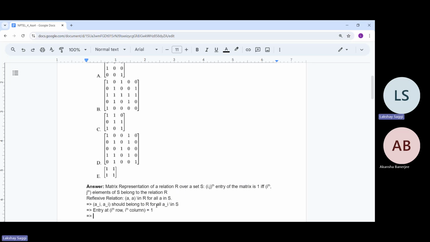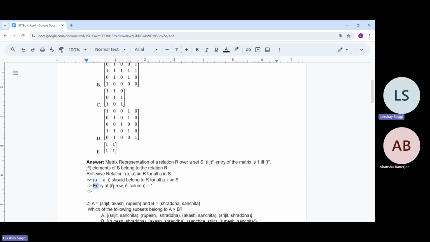And what does this mean? This is true for all I. So in a matrix, if for all I the ith row, ith column entry is 1, this denotes all the diagonal entries of the matrix.